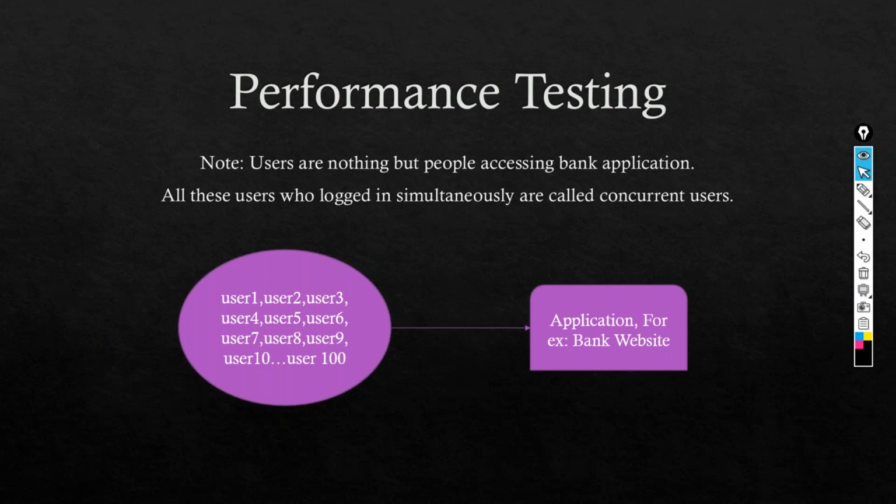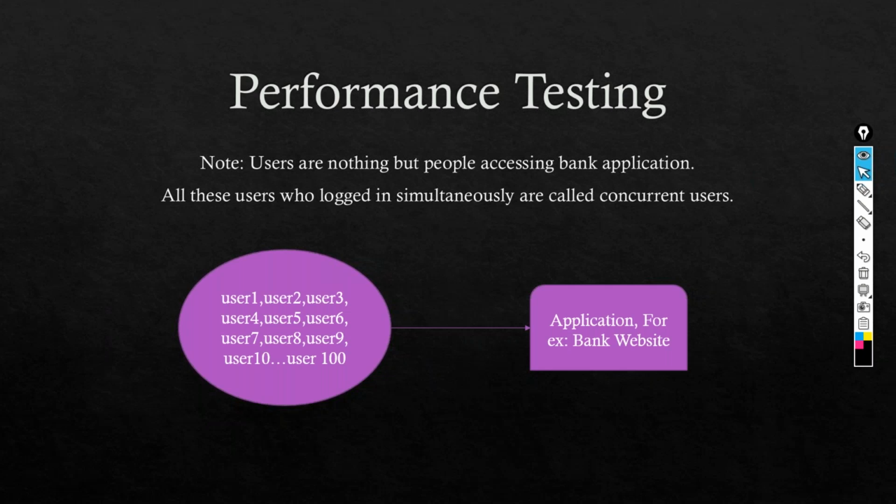So all these users are trying to perform actions on the application, and we analyze how fast the application is responding and performing. When we discuss performance testing, it's all about applying load. If you test the bank application with one user, there is no point, and we cannot call that performance testing.